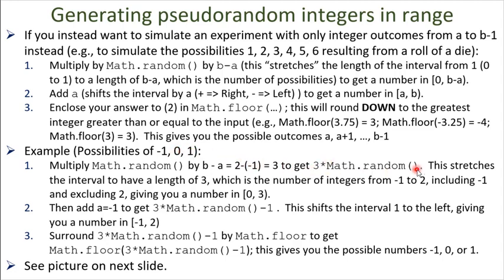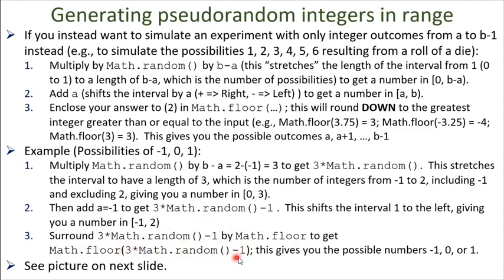So as you did before, 3 times math.random is going to give you an interval of length 3 from 0 to 3. And as before, you'll also add negative 1, which is your a, to get a number between negative 1 and 2.